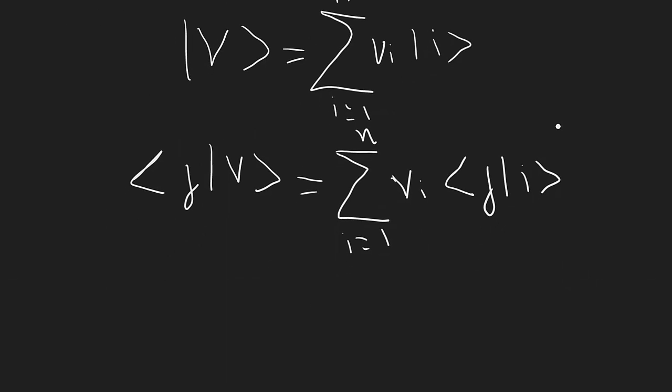Now this is of course only equal to 1 if i is equal to j. So what this will do is just give me the jth coefficient of that component of the vector.